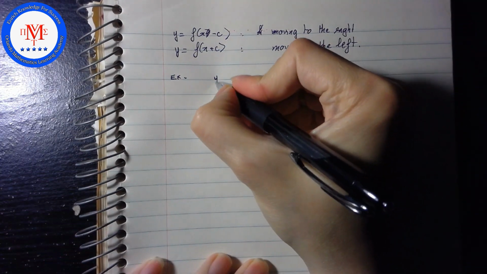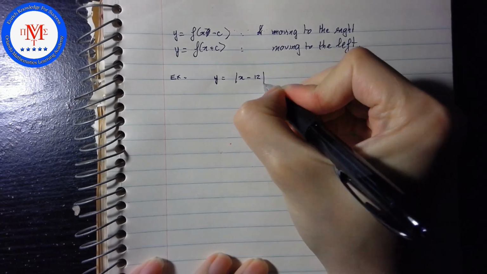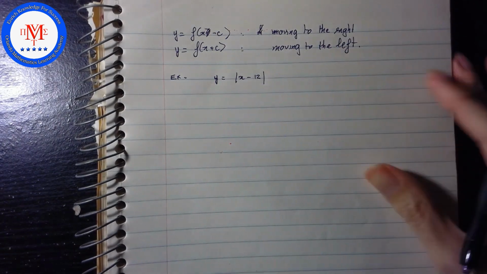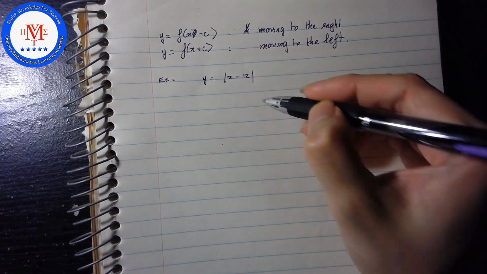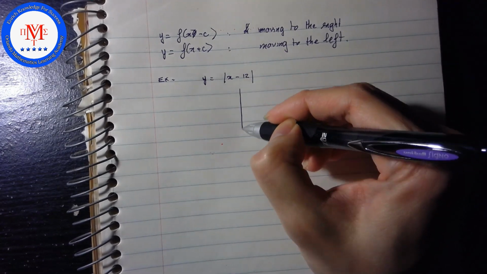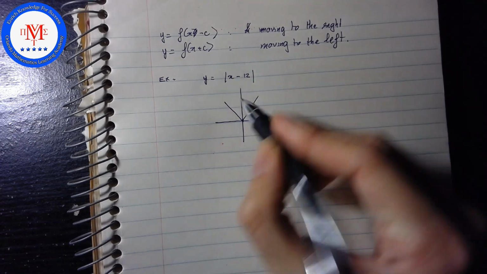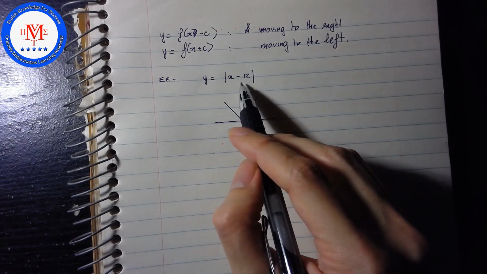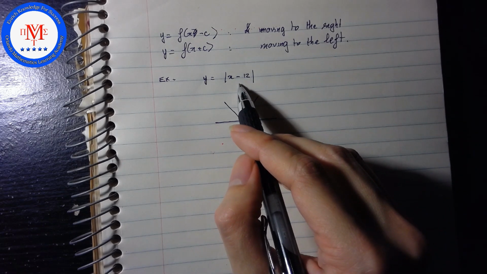y equals f(x minus 12). I want to graph this. So in order to graph this one, I grab the basic function. I want to get the basic function looking like this, and because you see that the x component is subtracted by 12 units, it means that we move to the right 12 units, and the shape is still the same.